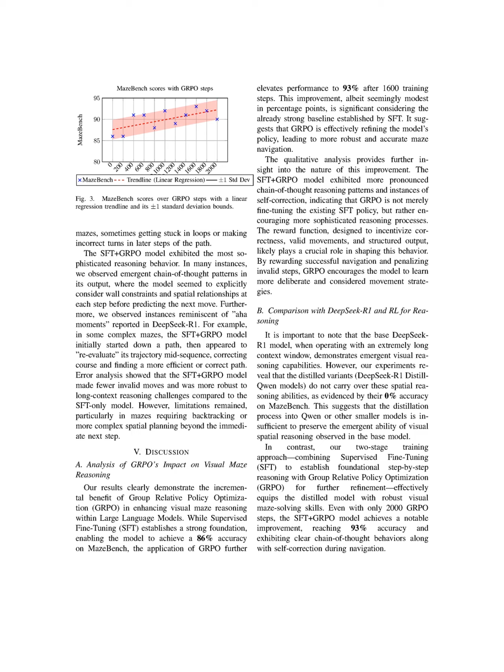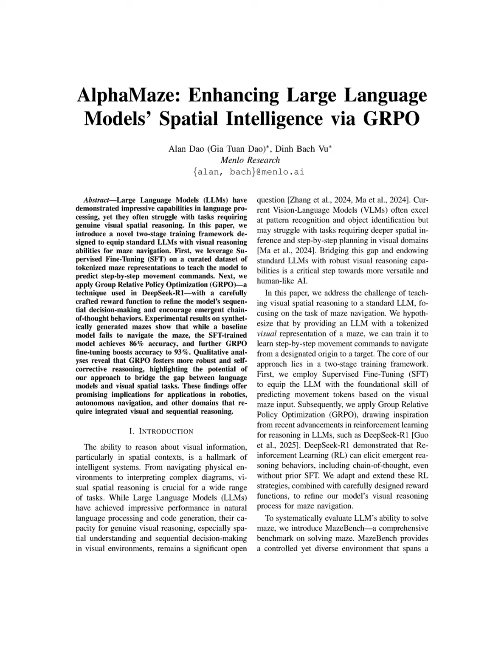Theoretically, this framework enhances the model's ability to perform step-by-step reasoning, as evidenced by the emergence of chain-of-thought patterns and self-correction during navigation, which are not typically present in conventional models that rely solely on direct prediction methods. Practically, the SFT phase equips the model with foundational skills to process tokenized visual maze inputs and predict movement tokens, achieving an initial accuracy of 86% on MazeBench.